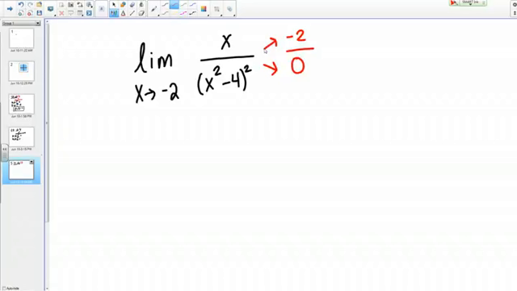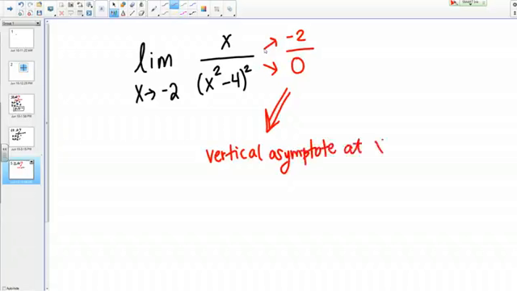That tells me that I'm at a vertical asymptote. The form of a non-zero number over 0 always tells us that we're at a vertical asymptote. So I now know that there's a vertical asymptote at x equals negative 2.